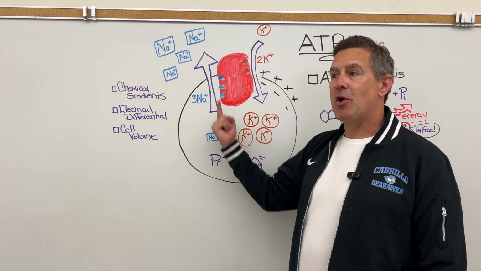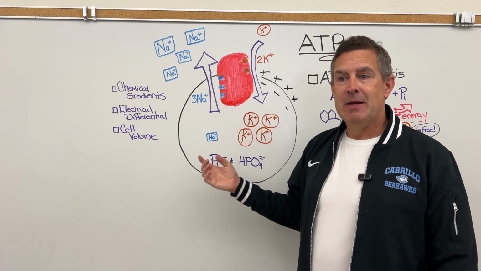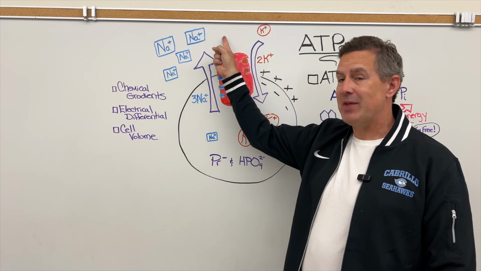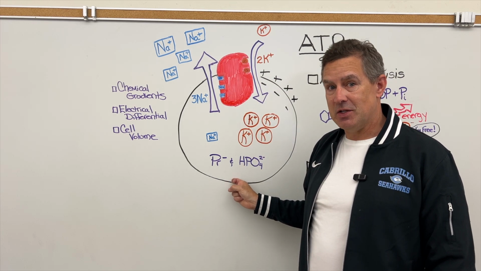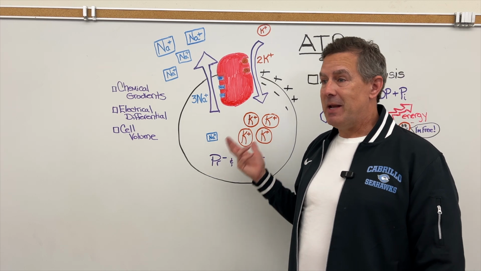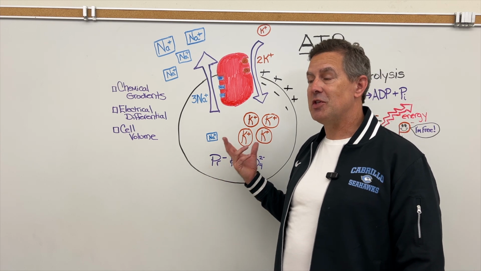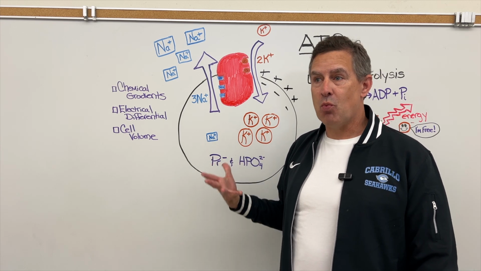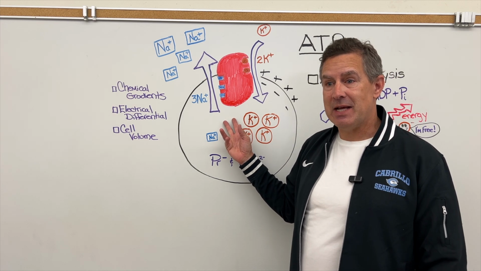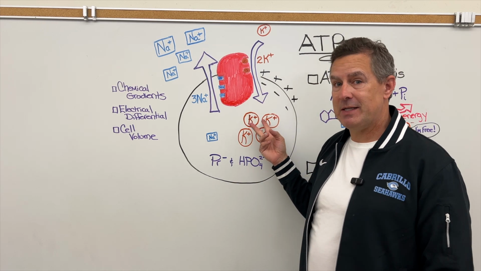So by pumping 3 sodium out and only 2 potassium in, it's ensuring that there's equal concentration of solutes on the outside versus the inside of the cell. If, under certain conditions, and these do happen independent of the sodium-potassium pump, the cell starts to swell because water is moving into the cell, it actually activates the sodium-potassium pump to pump more sodium out of the cell than potassium in.